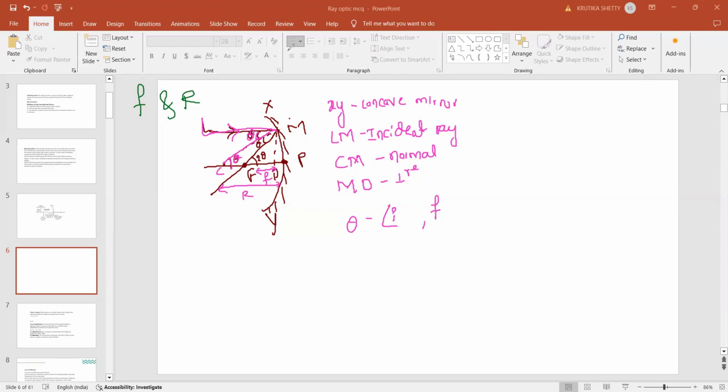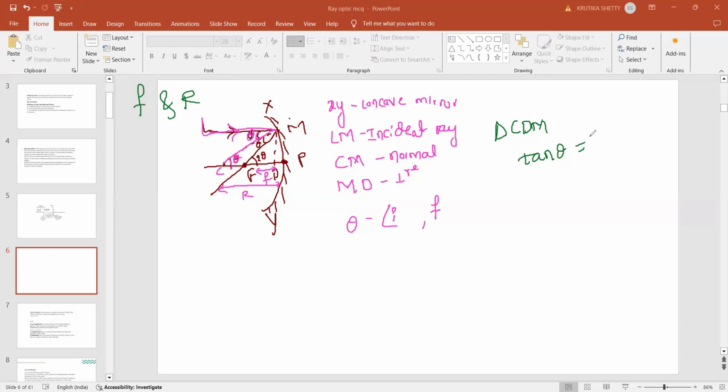For that, I'm considering the triangle CDM. In the triangle CDM, tan theta is equal to... You can see the figure there.